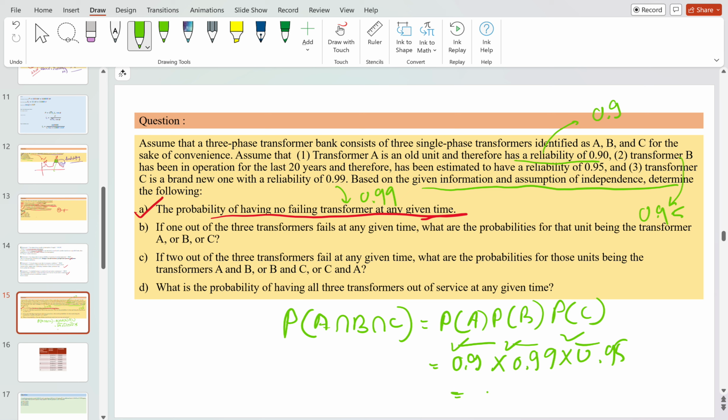It will come out to be 0.846. So this is the correct answer for the first option. If you still have a doubt, you can ask. Otherwise, try to solve the second part.